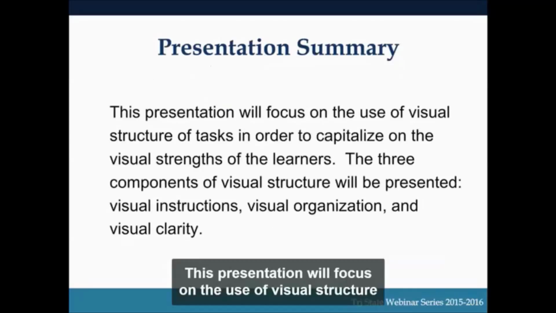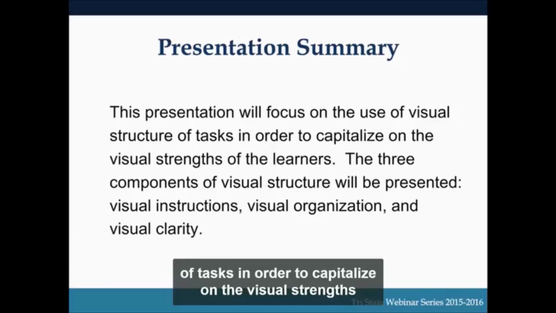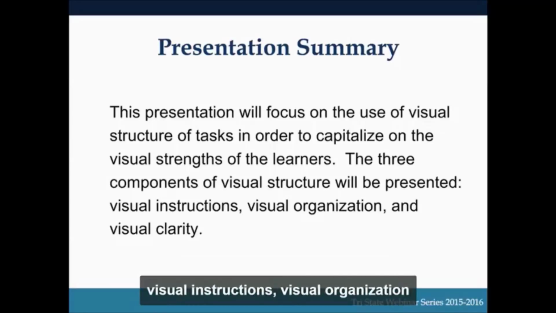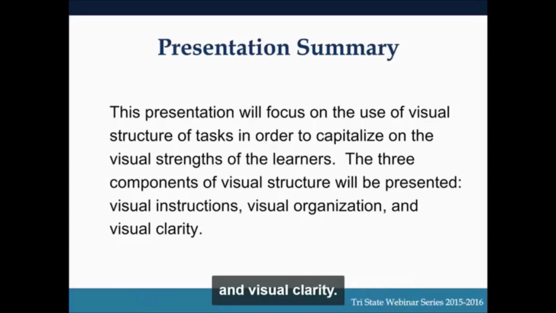This presentation will focus on the use of visual structure of tasks in order to capitalize on the visual strengths of the learners. The 3 components of visual structure will be presented: visual instructions, visual organization, and visual clarity.